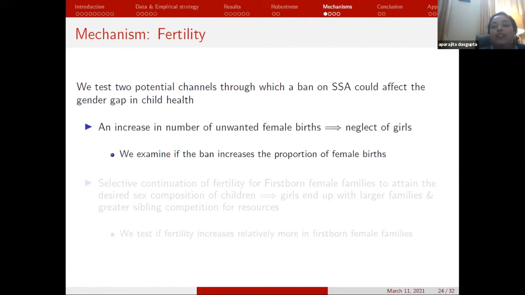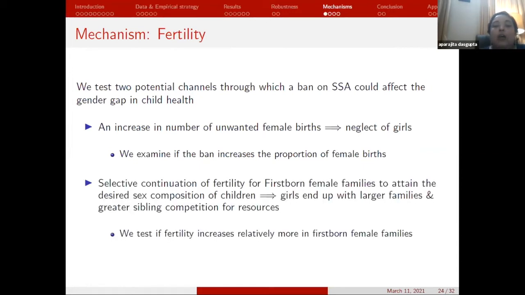If the ban was really effective, it should have increased the number of female births, and so this implies that there would be higher neglect of girls. So what we do is we test the first stage, which is we examine if the ban increased the proportion of female births, and secondly, we test whether there is this selective continuation of fertility for firstborn female families to attain the desired sex composition of children.